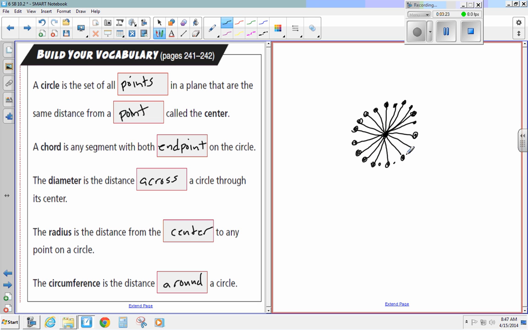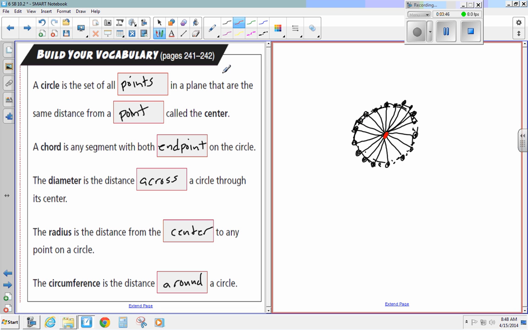So pretty soon you start filling in all these spaces with more and more points, and you end up with a circle. That's what it means. A circle is a set of all points in a plane that are the same distance from the center.